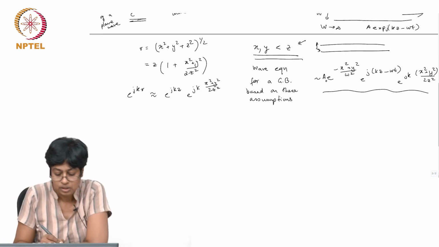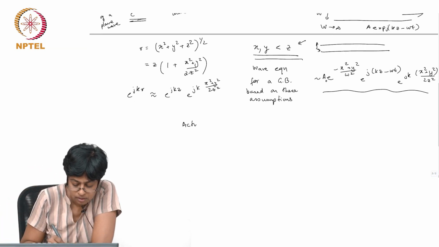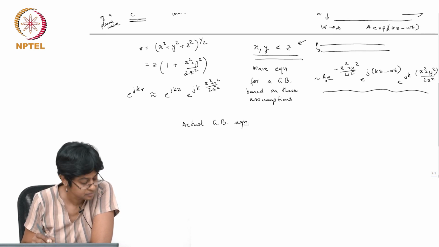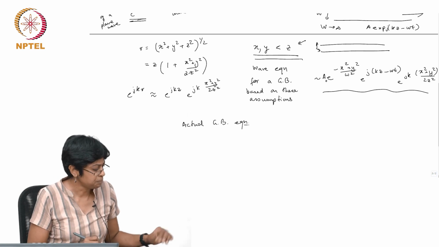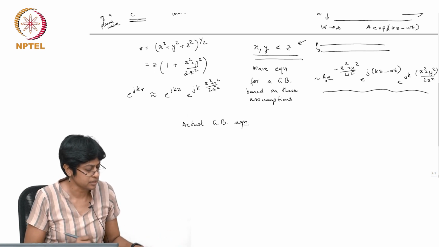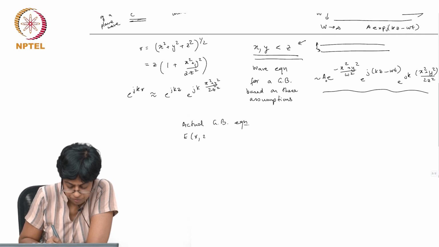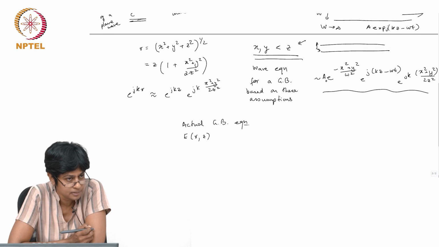Okay, so the actual Gaussian beam equation, and it's a slightly complicated equation, so I want to get it right, is, let's say, E, which is a function of rho and z.